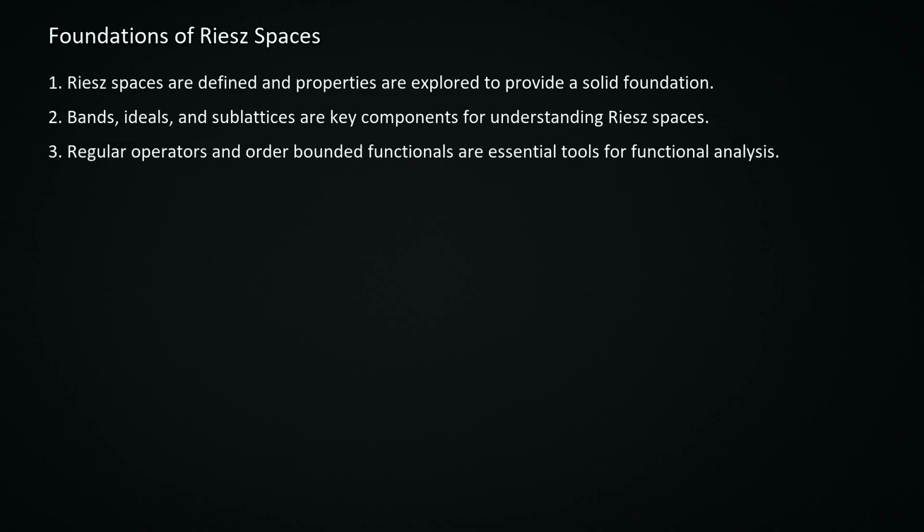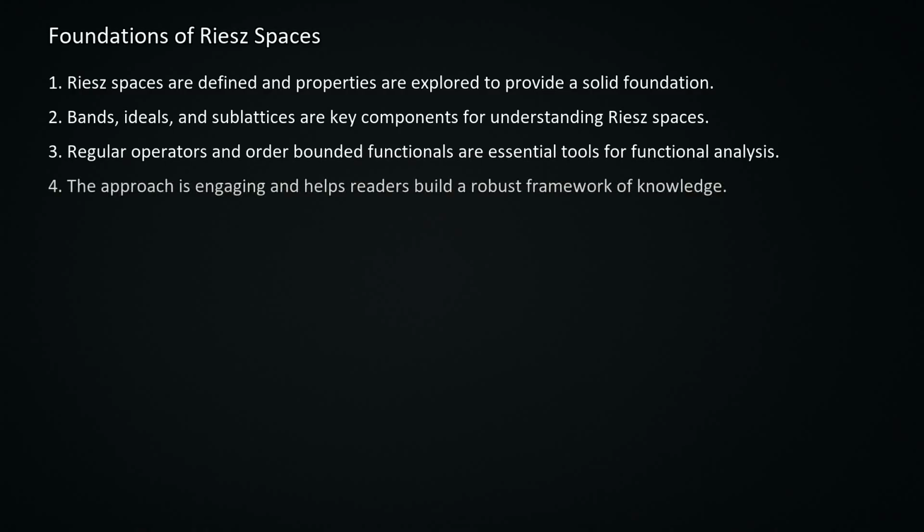One key aspect discussed in this chapter is the role of regular operators and order-bounded functionals, which are crucial tools in functional analysis. Regular operators are linear maps that preserve the structure of Riesz spaces, while order-bounded functionals ensure that certain properties hold under boundedness constraints. These concepts form the backbone for more advanced topics covered later in the book.